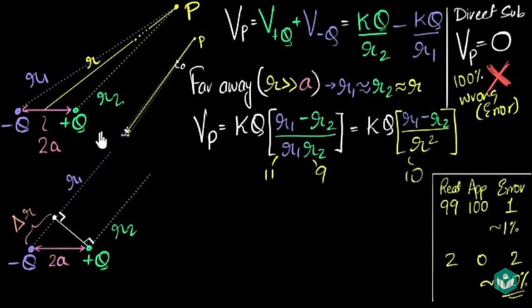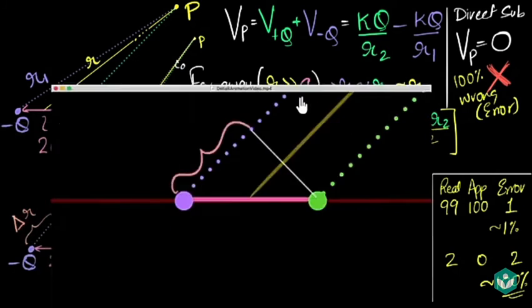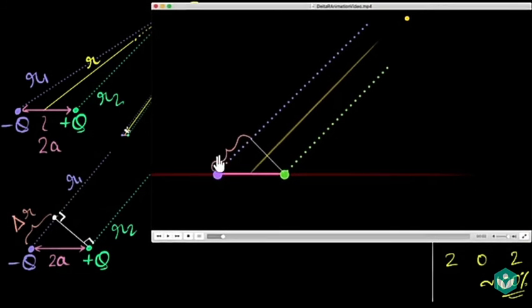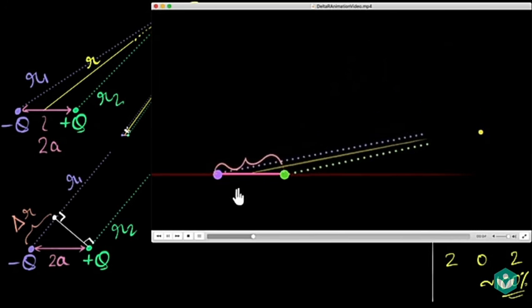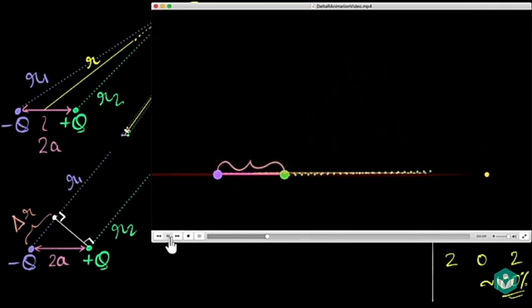That extra distance really depends upon the angle between this R and the dipole. Let me show you, I have an animation. Here is our delta R, and notice what happens. This angle decreases and point P comes onto the equator, the axis.